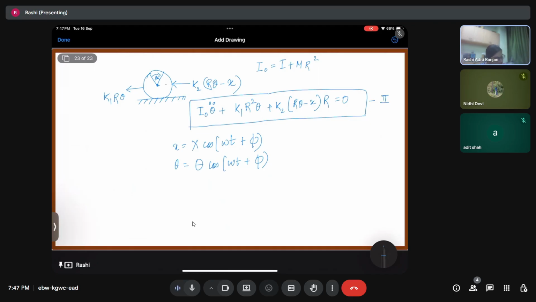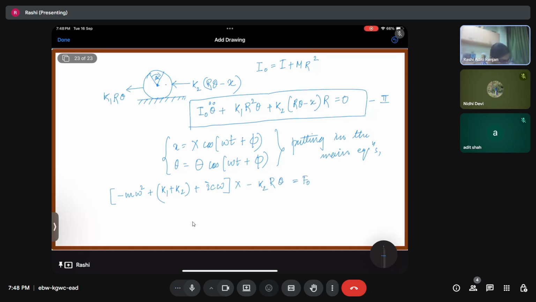So when I put these two in the main equations, what do I get? The first equation I get is minus m omega square plus k1 plus k2 plus i c omega, into x, minus k2 r theta is equal to f naught.